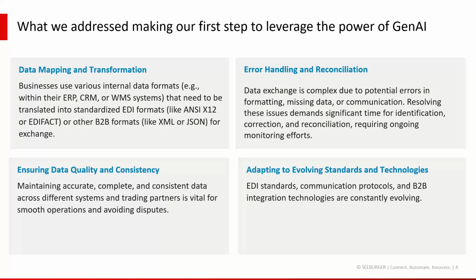As we know, and it's also stated here, the data exchange in the context of data, missing data, formatting is wrong, and also, of course, communication is a huge issue that keeps our lives busy day-to-day. And here we could contribute with generative AI, ensuring data quality and consistency.